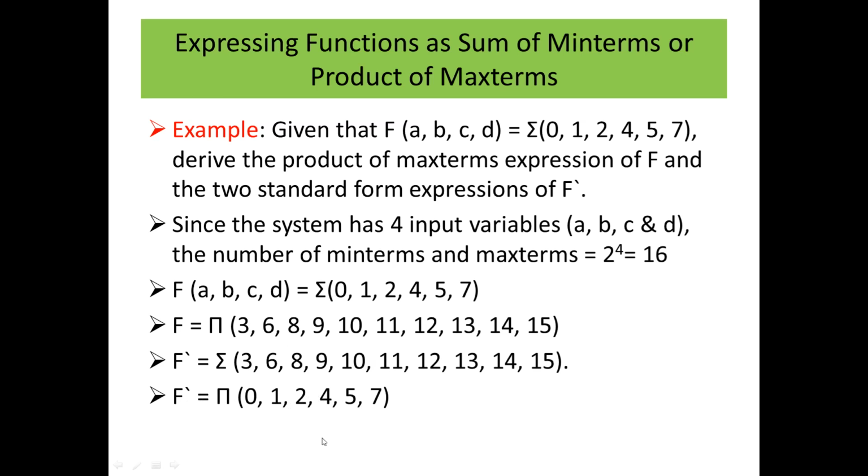F of summation is equal to F bar of pi. Once again, F of summation is equal to F bar of pi. So whatever the terms are present here, the same thing will be present in the F bar of pi.